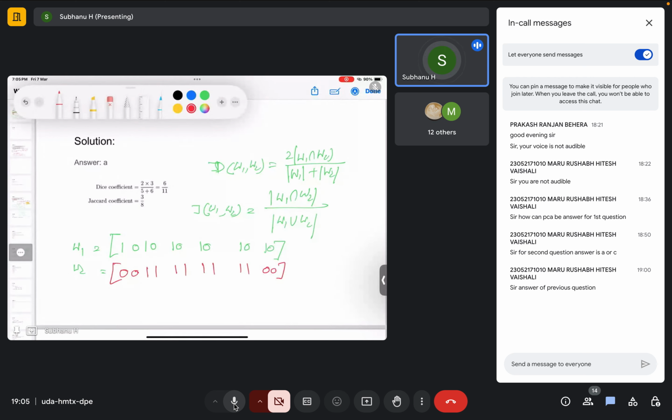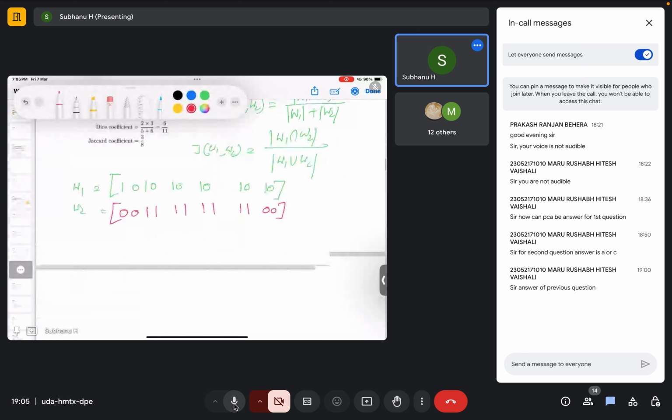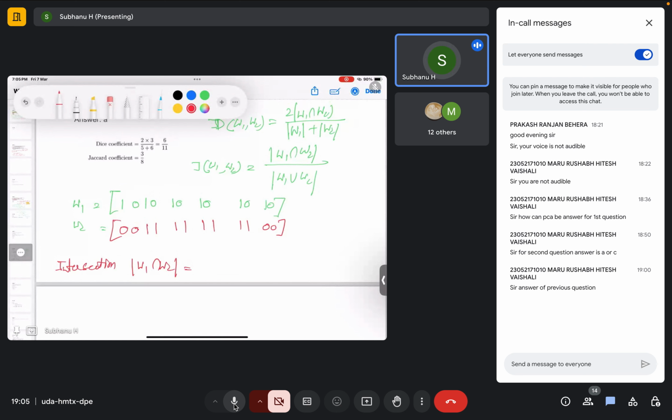Now what is the intersection? The intersection of W1 and W2 is the common ones in both vectors, which equals 3. Basically we have common ones at position 3, position 5, position 7.